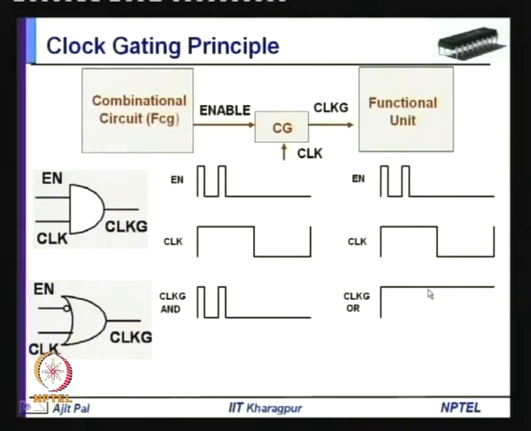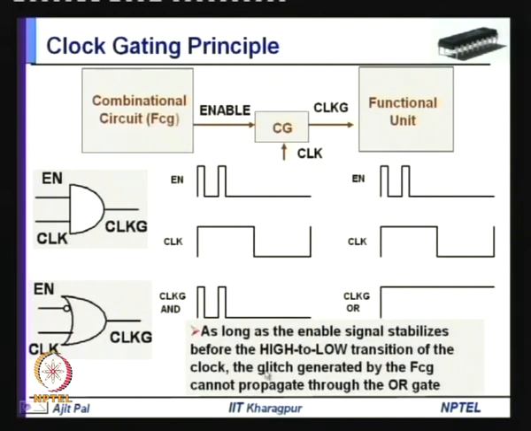The only requirement here is that this glitching has to be over within this part. As long as the enable signal stabilizes before the high to low transition of the clock, the glitch generated by the functional unit, that FCG, cannot propagate through the OR gate.